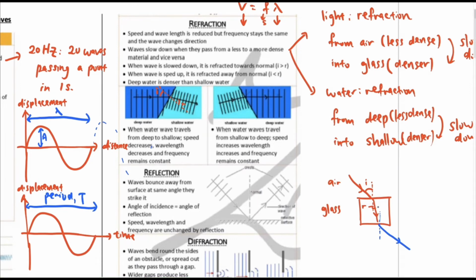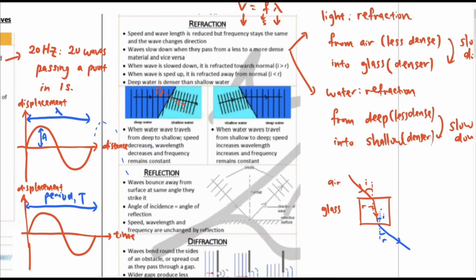Which is the I? This is the I. This is the R. The I is smaller, the R is bigger. But I have to highlight one thing for calculation purposes.